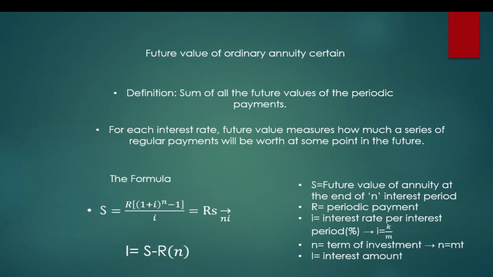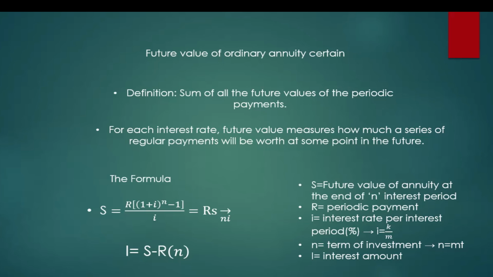At the side there is some explanation for the alphabet, which is S equal future value of annuity at the end of an interest period, R equal periodic payment, I equal interest rate per interest period percent.